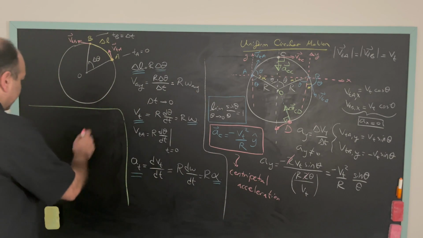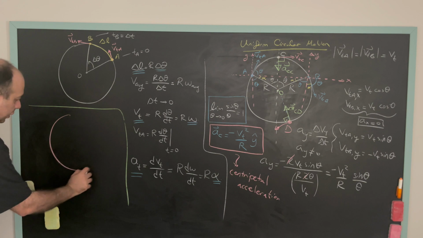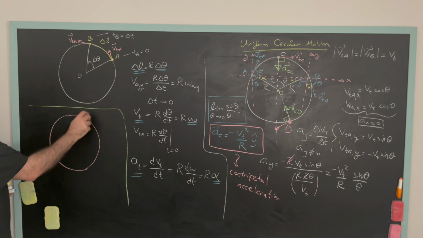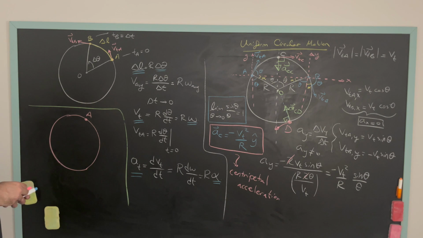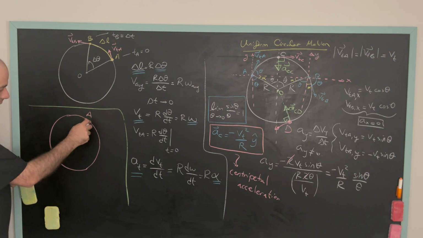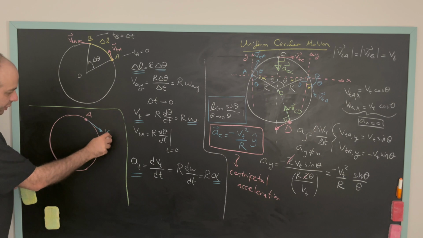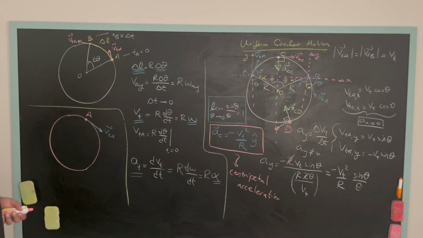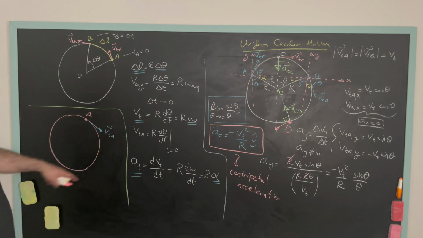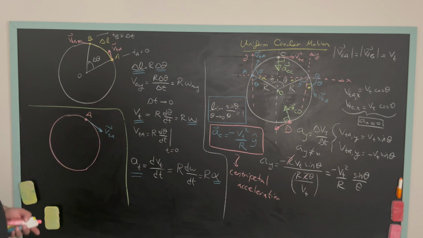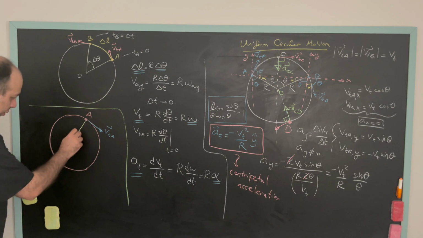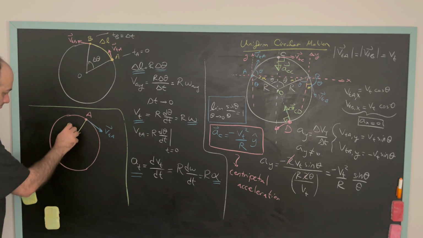So in the most general case, if we are moving on a circular trajectory like that, at any given time t, let's suppose I'm at point A, I will have a tangential velocity, okay, just like that. Since you are moving on a circular trajectory, centripetal acceleration pointing towards the center of the circle.